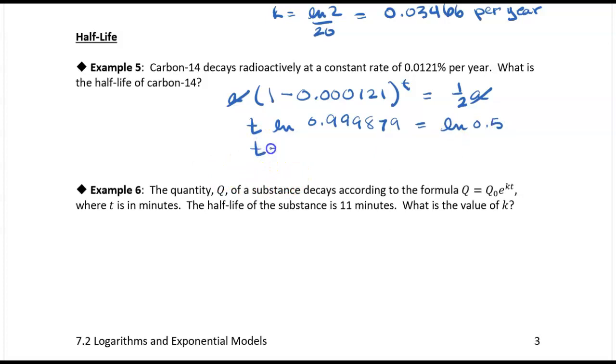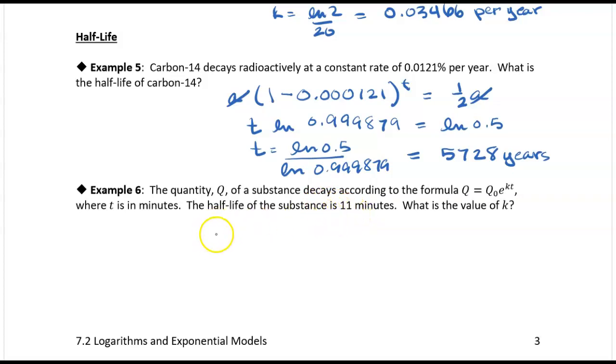So t is equal to the natural log of 0.5 over the natural log of 0.999879. That gives me a half-life of 5,728 years. So it takes 5,728 years for it to decay to half of its original amount.